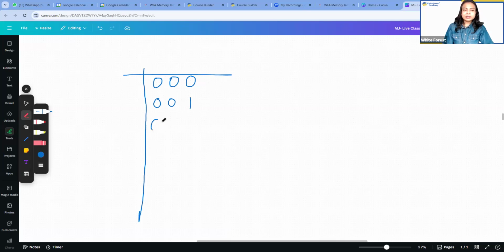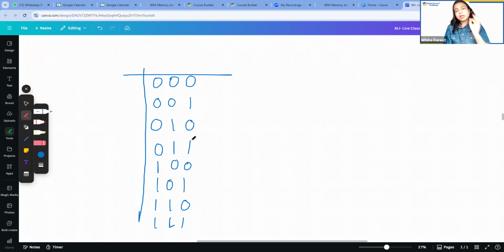Or you can write 0, 1, 0, or it can be 0, 1, 1. Then there can be 1, 0, 0, or it can be 1, 0, 1. Then there can be 1, 1, 0, and it can be 1, 1, 1. There can be only 8 combinations. If we take 3 binary digits, there are only 8 possible combinations. There cannot be any other combination using zeros and ones.